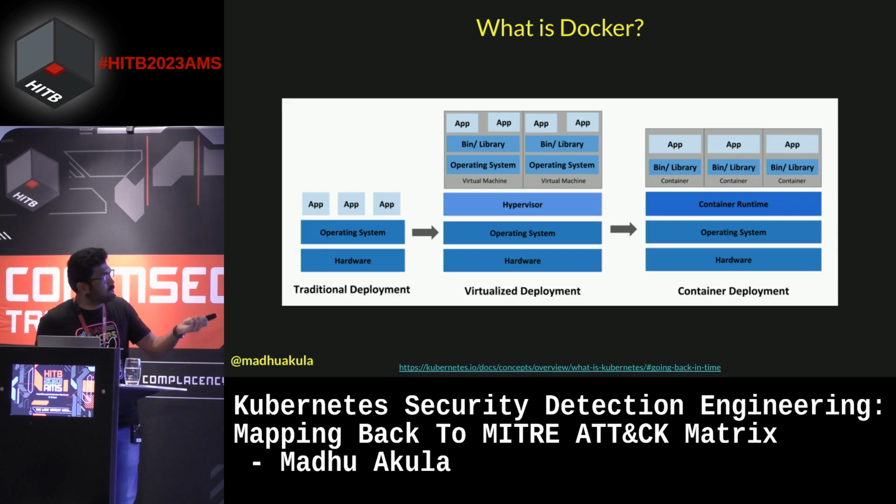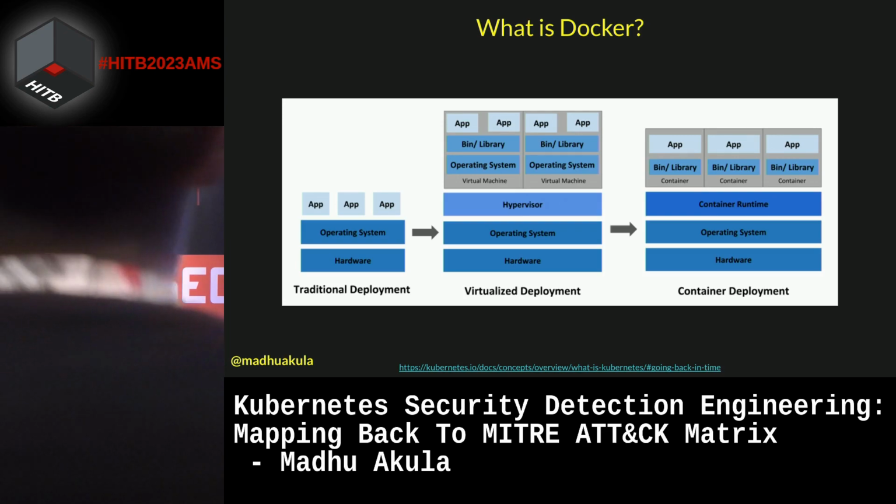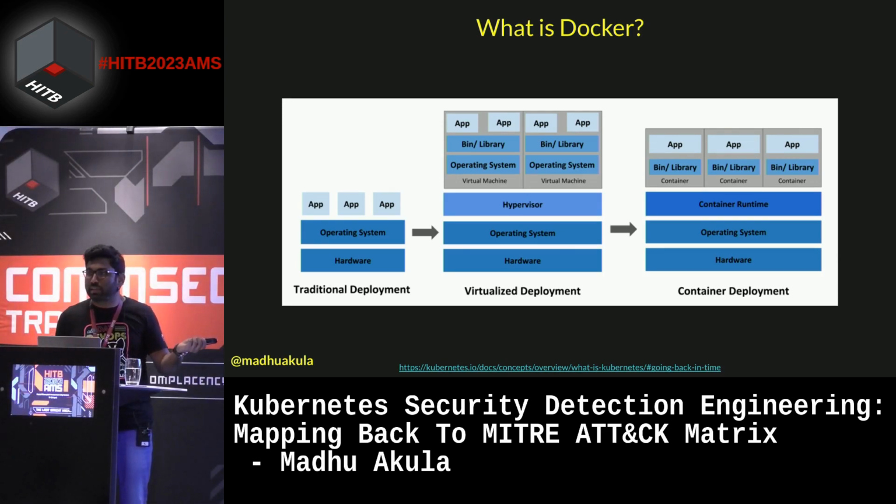If you look at the simple graph of the transition, we have hardware with an operating system, and you build a bunch of applications on it. Slowly we moved to hypervisors, like Xen and Proxmox, or on the desktop, VirtualBox or VMware, where we have a bunch of virtual machines, each with its own operating system like Ubuntu, then binaries, then the application. The only part that changes here is that we have something called a container runtime.